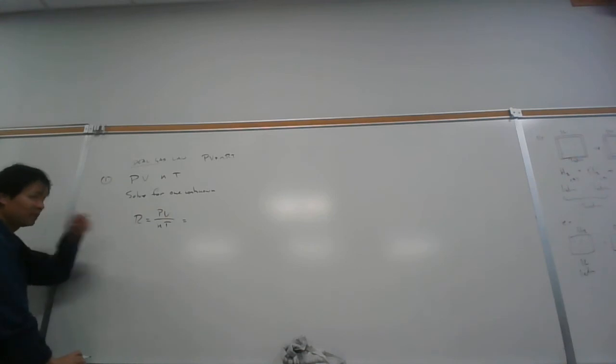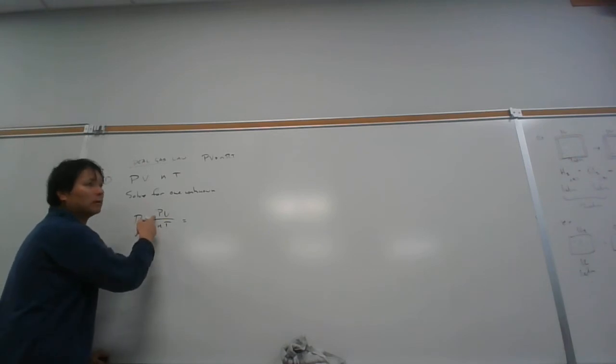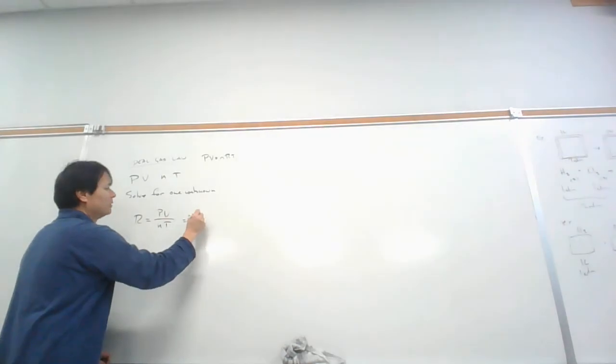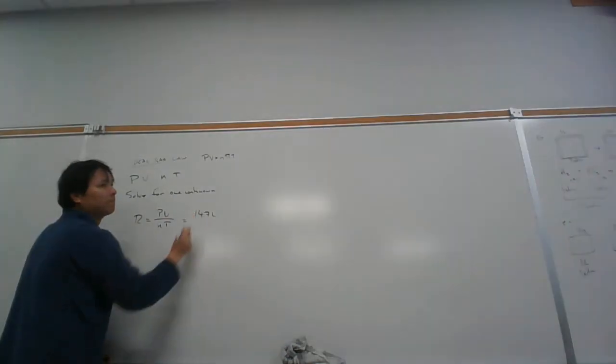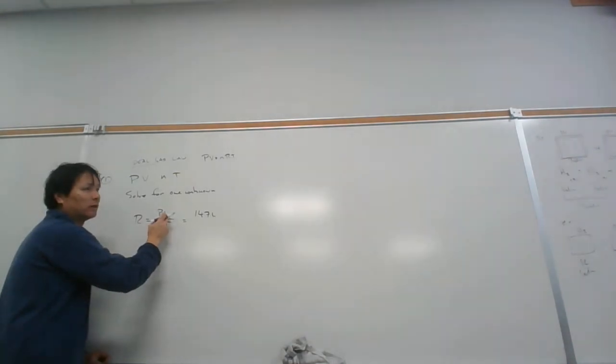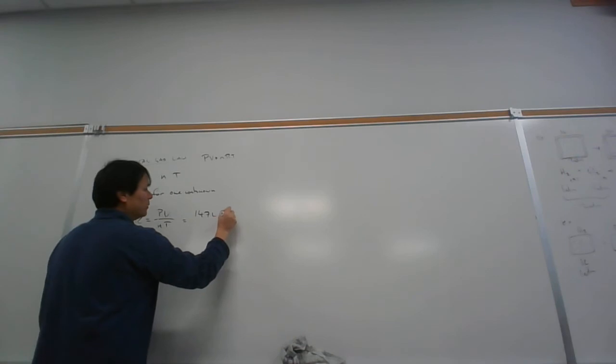And so we plug in the pressure. The volume we usually leave in liters. So what was the volume they gave us there? 14.7 liters. That's V. P is in atmospheres, 0.942.